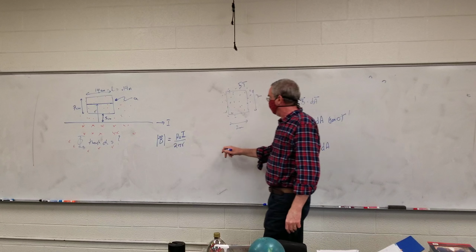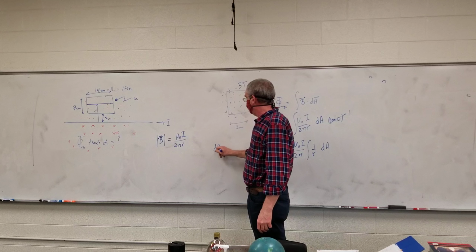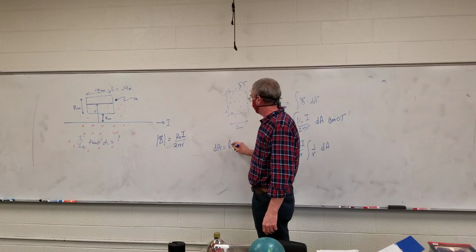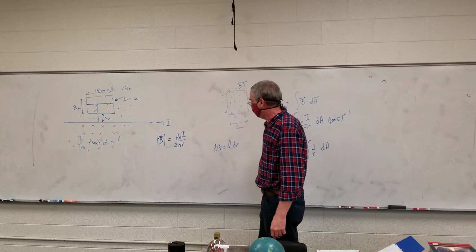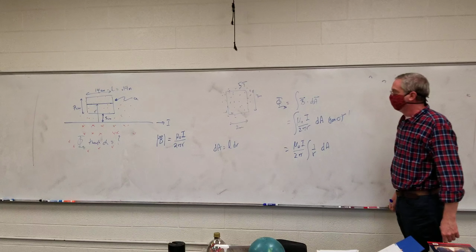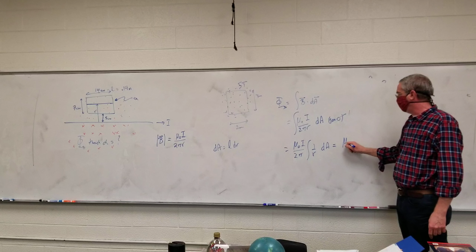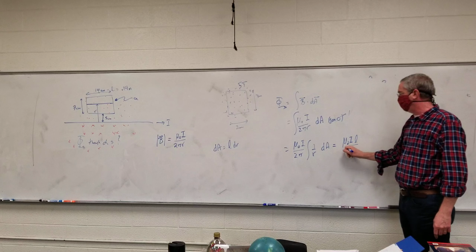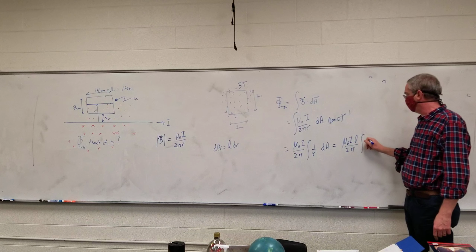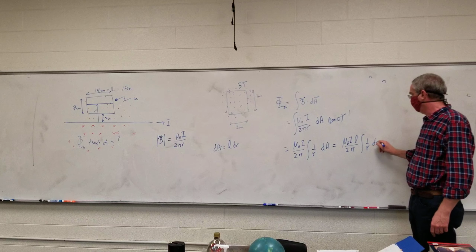So my dA is just L times dr. So I get mu naught I times L over 2 pi, integral of 1 over r dr.